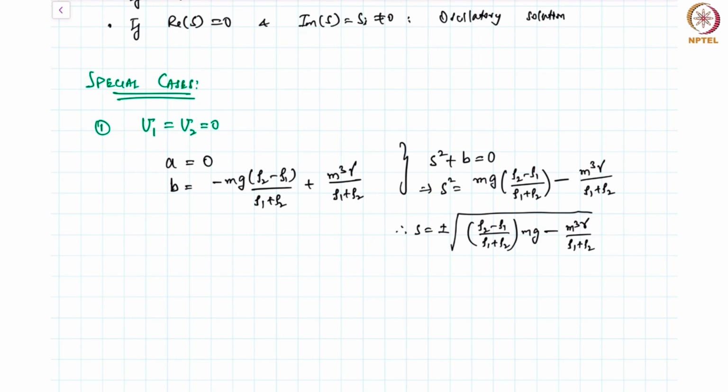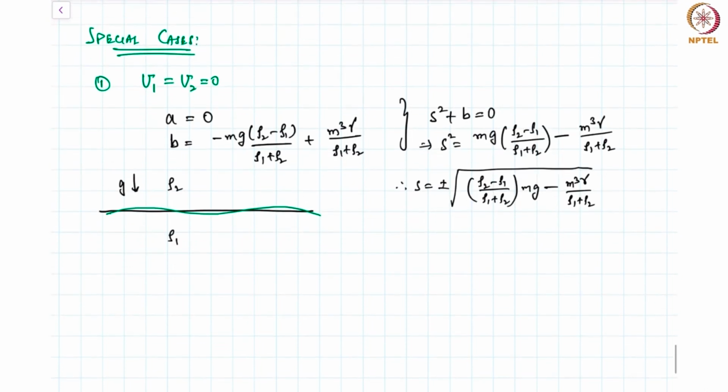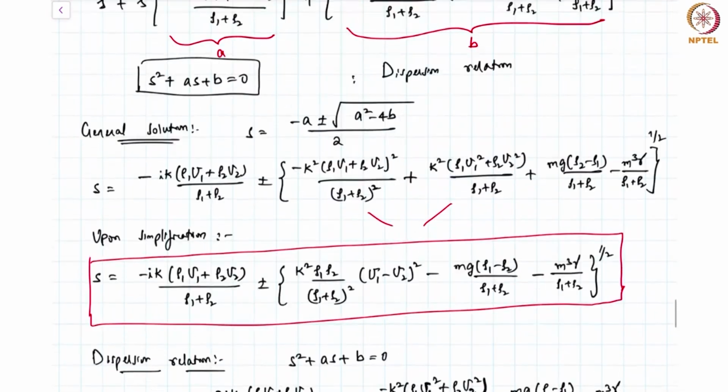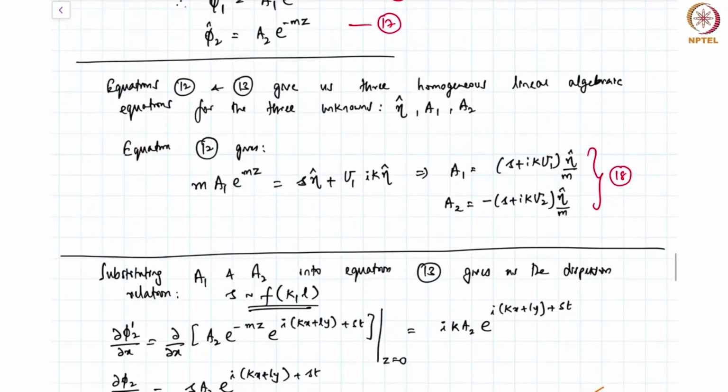Now we have a system where we have a practically flat interface, and on top of this flat interface tiny undulations are created, and we have the density above is rho 2, the density below is rho 1, and gravity is pointing in the downward direction, right? So let's give this a label. We have not given labels to some of these equations.